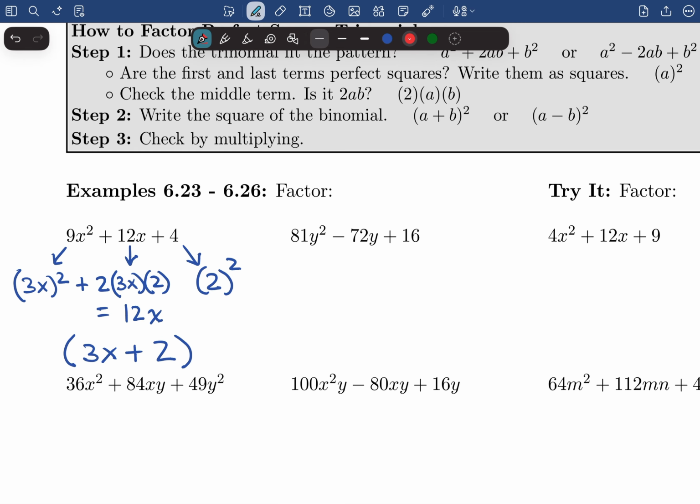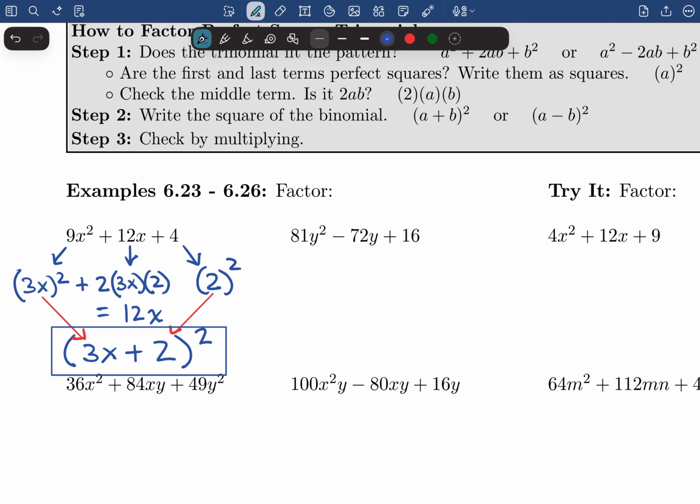So what have I done? I've taken this value here, wrote it there, this value here, wrote it there. And then lastly, I square the binomial. I'm multiplying that binomial by itself. Okay, so 3x plus 2 squared is the factored version of 9x squared plus 12x plus 4.